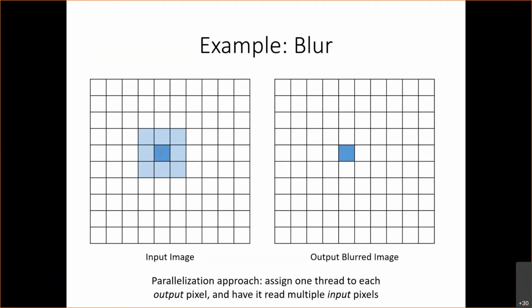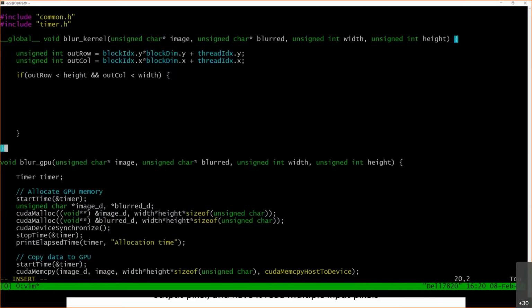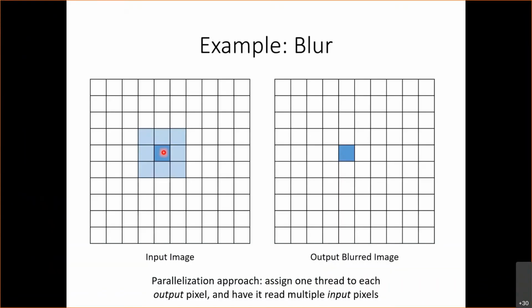Okay, so what does this thread need to do? It needs to loop over this square over here. It's going to start from up here and loop over. So how does it find where to go? It's going to take the central pixel minus 1 in the x dimension and minus 1 in the y dimension to get here. In general, it's going to be whatever the radius of my blur is.